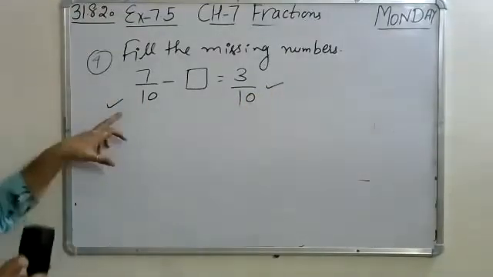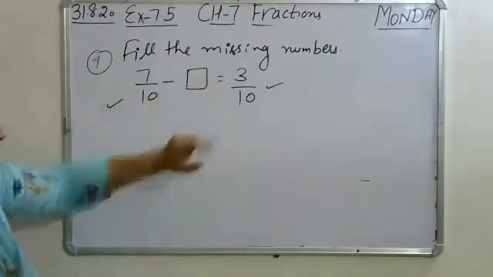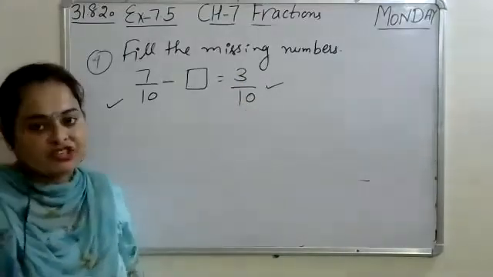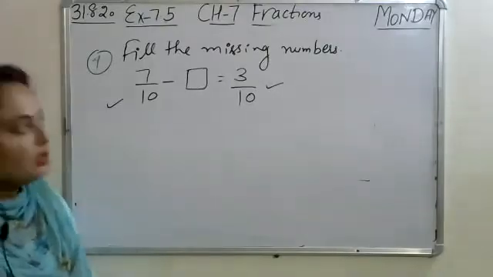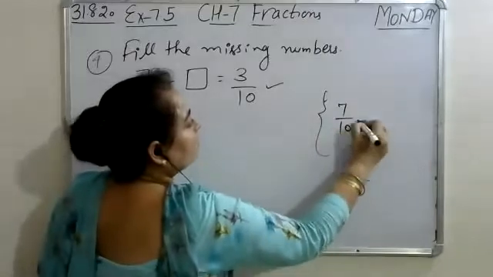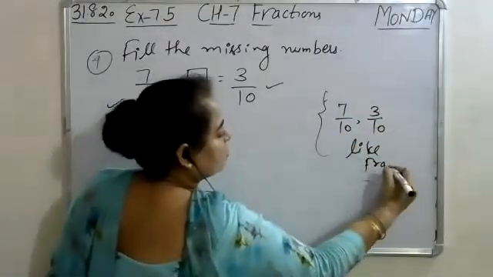Now on left hand side we have 7 by 10 and on right hand side we have 3 by 10. Guneet, tell me 7 by 10 and 3 by 10, which kind of fractions? Like fractions. Yes, both are like fractions.